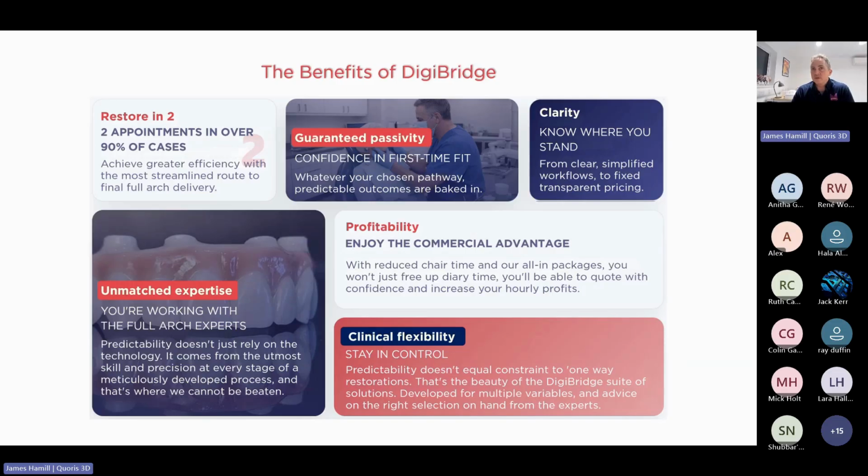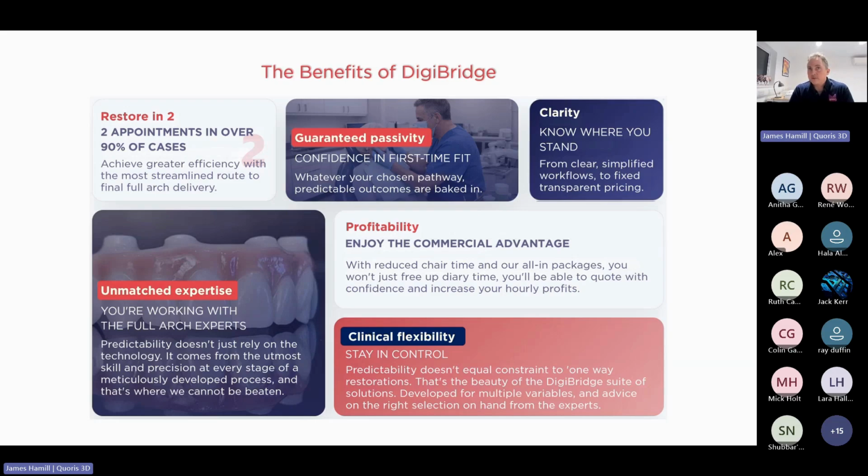Hence the online ordering for this. We're doing more and more full arch work. And when information comes in lots of different ways, it just creates more potential for problems. So that is why with DigiBridge, it will be accepted as an online order only, and definitely helps the process.